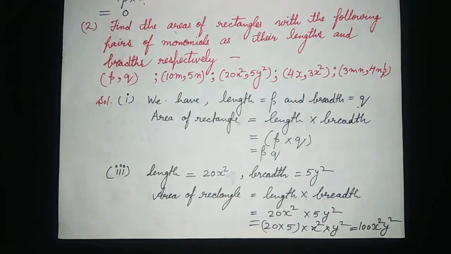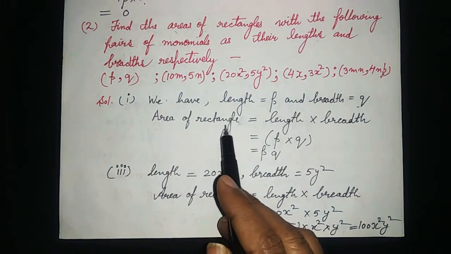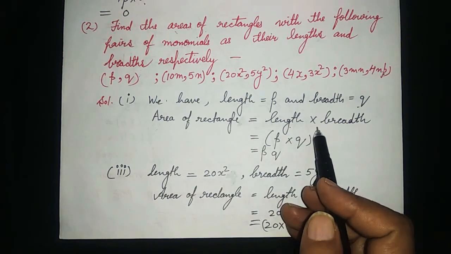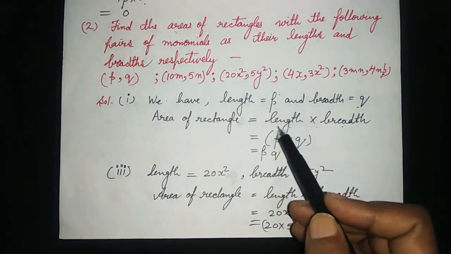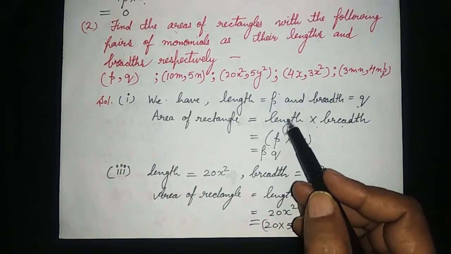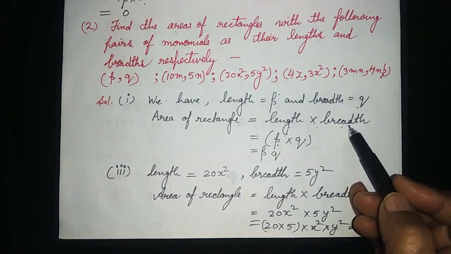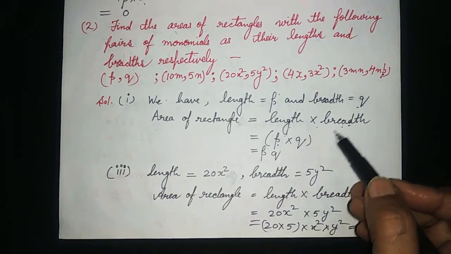Okay. So first we will write the formula to calculate the area of a rectangle. It is equal to length into breadth. So what is length? Length is p, so in place of length we will write p. And what is breadth? Breadth is q, so q we will write in place of breadth.